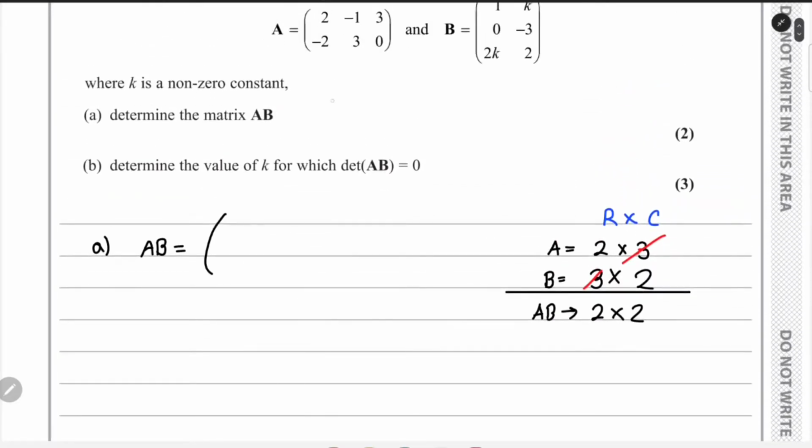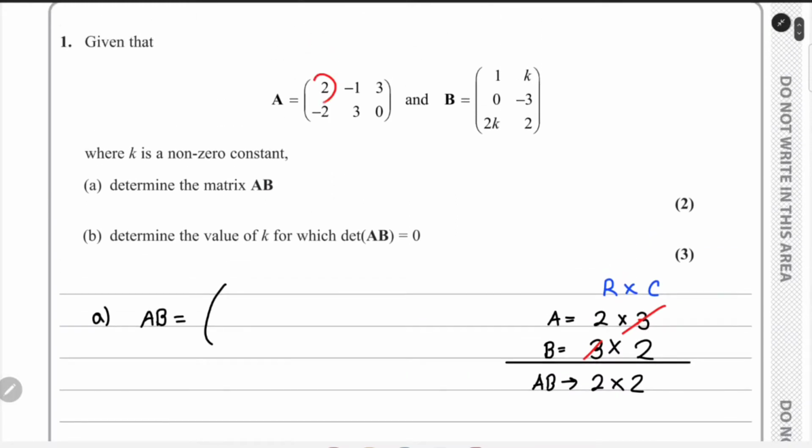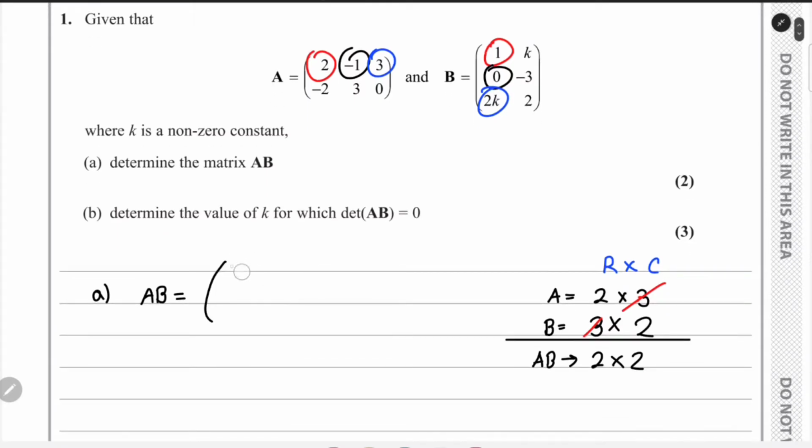Now the matrix multiplication is done in this shape. So 2 will be multiplied by 1, minus 1 will be multiplied with 0, 3 will be multiplied by 2k for this value here.